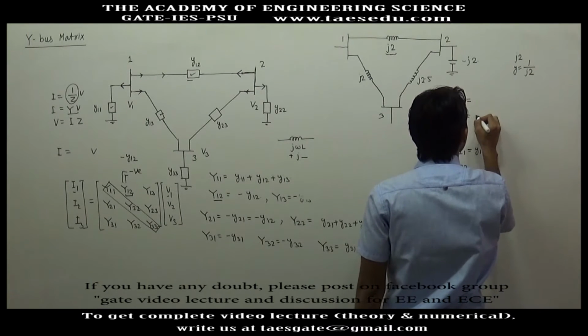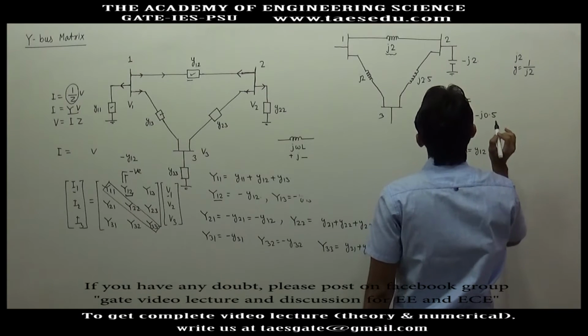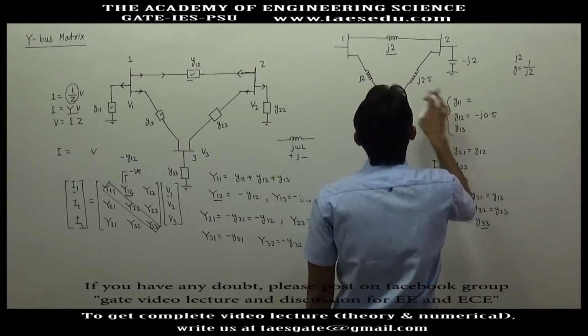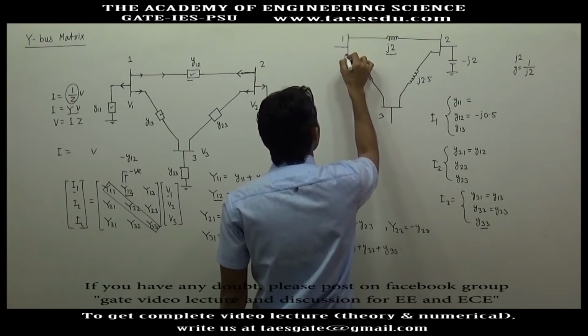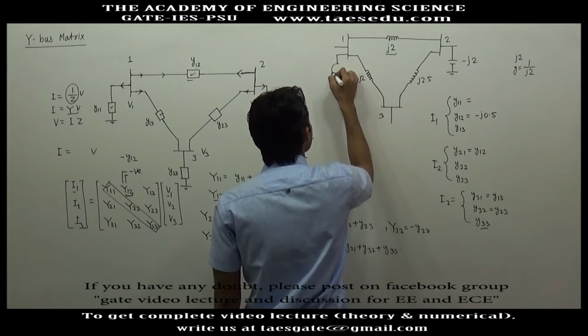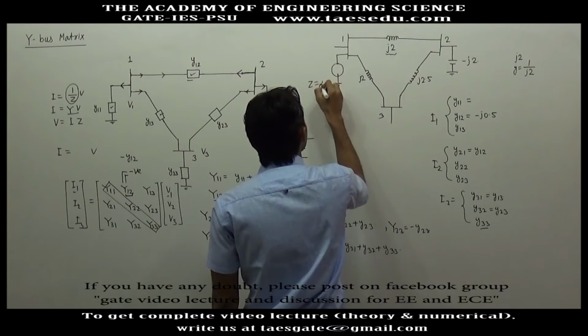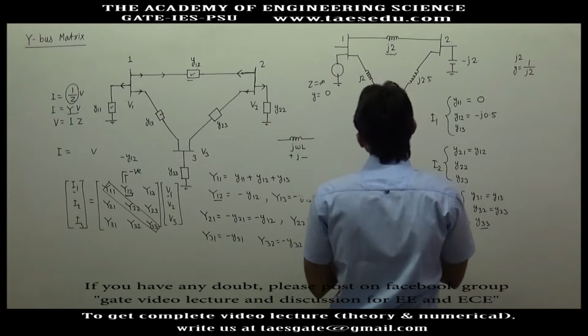So y12 will be minus J0.5. There is no shunt element connected. You can consider it as open circuited. If it is open circuited, the impedance will be infinite, then the admittance will be 0. So y11 is 0.